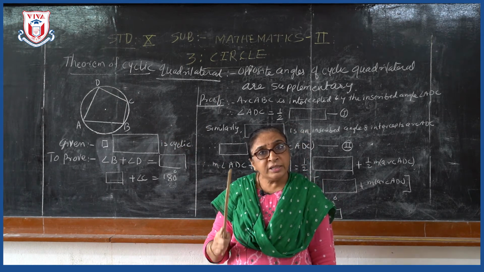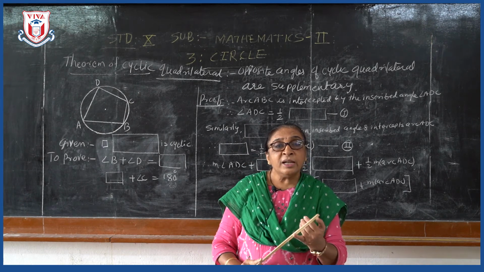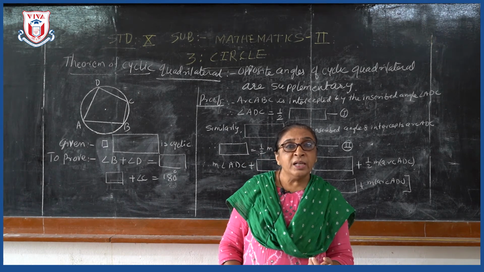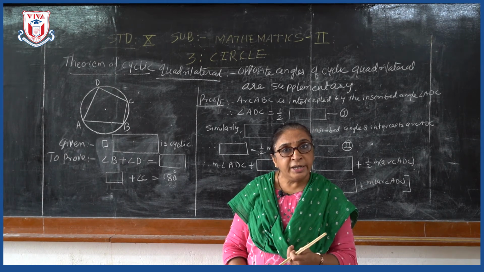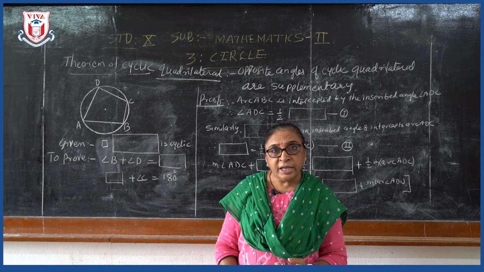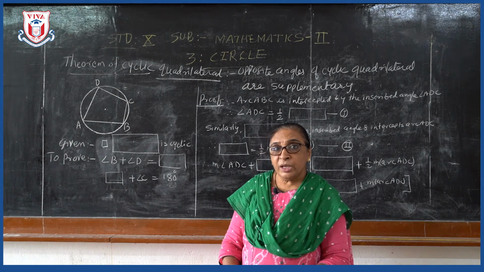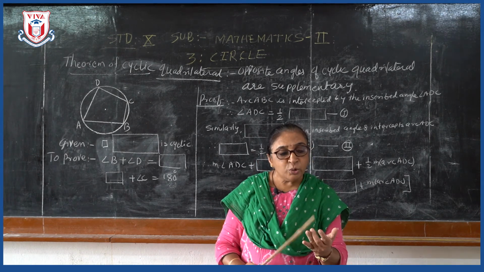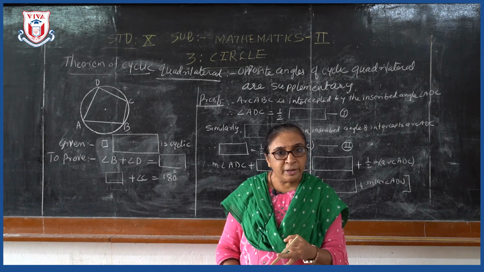And another thing, supplementary means what? The angles are supplementary means the sum of their measures is 180 degrees. So when the sum is 180 degrees, they are called supplementary angles. You have studied these 2 terms in the previous standards, supplementary and complementary.